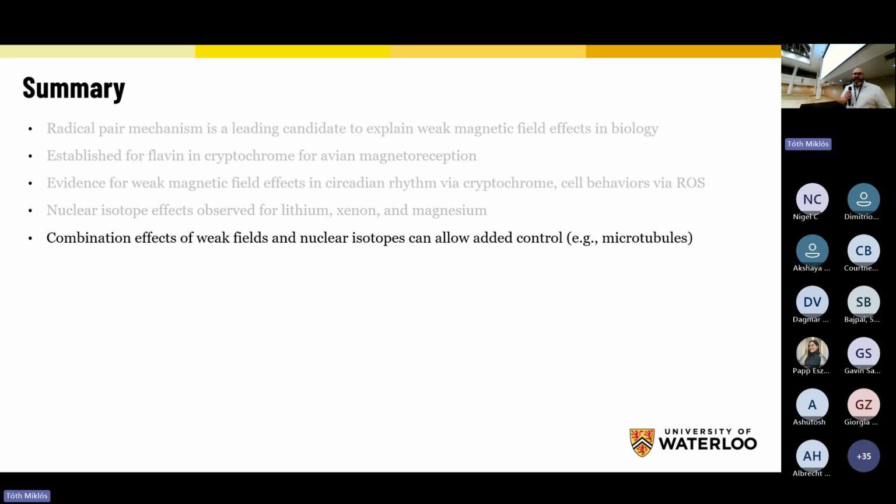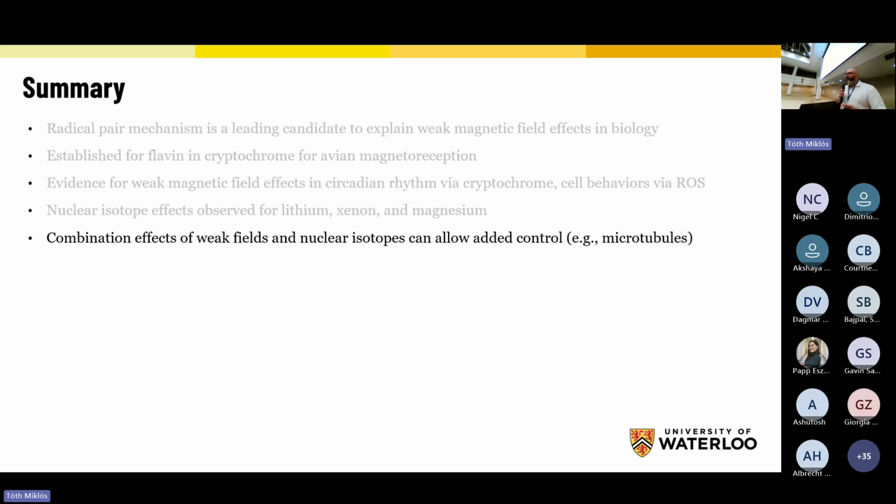It seems that the combination of weak fields and nuclear isotopes allows for an added control, at least in certain situations, such as microtubules. But it is something worth looking at: if we are dealing with systems that are magnetic field dependent, the introduction of a nuclear isotope in key molecules may enhance or dampen the effect, and it would be another way to try and study these mechanisms.